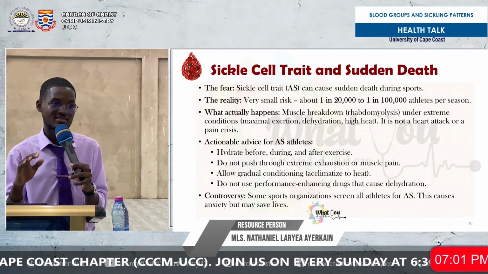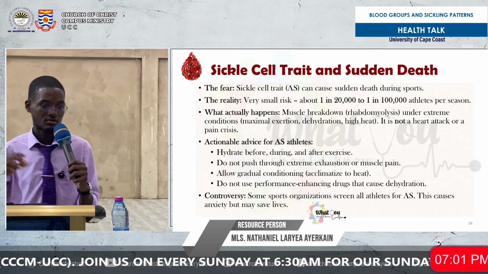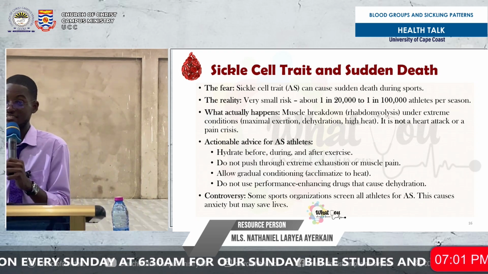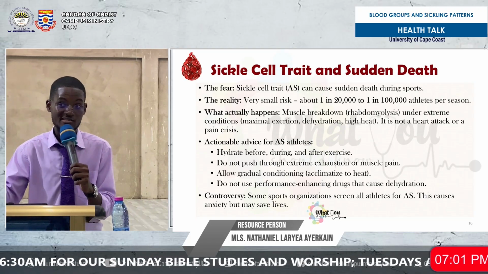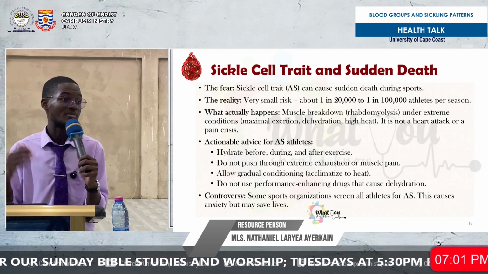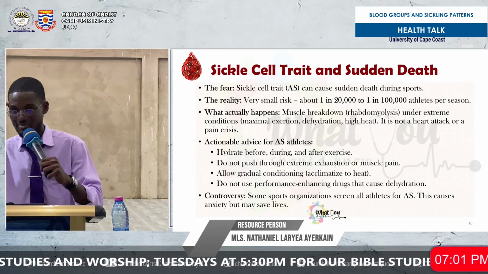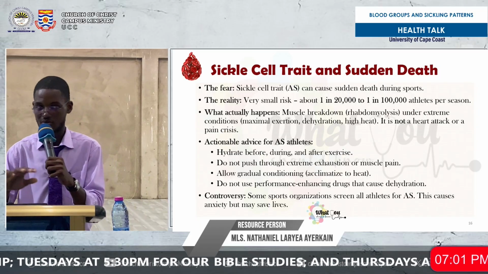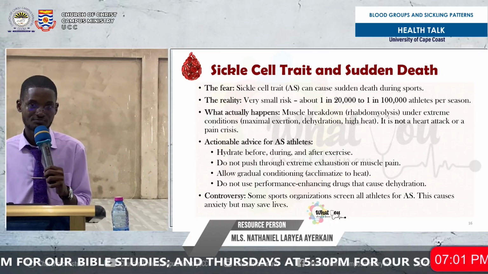People who are carriers, as I said earlier, under excessive stress, end up sometimes having their red blood cells in sickle shape. So what happens is the muscle just breaks down. That's all. Collapse and it's gone.